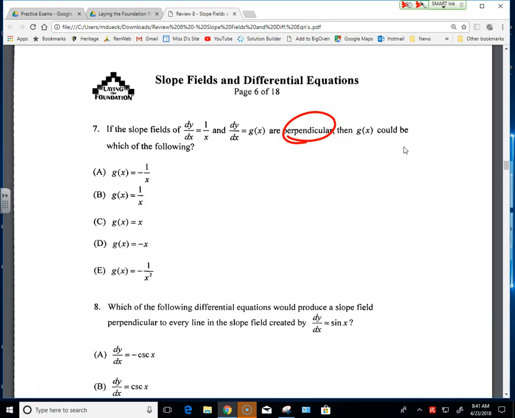Dy dx's. So couldn't I say the slopes equal 1 over x, and then the slopes equal g of x? So couldn't I say that if they're opposite reciprocals, g of x must be the opposite reciprocal?